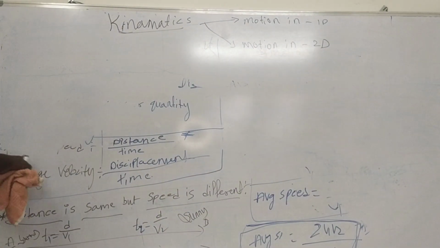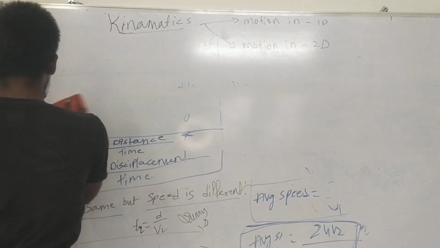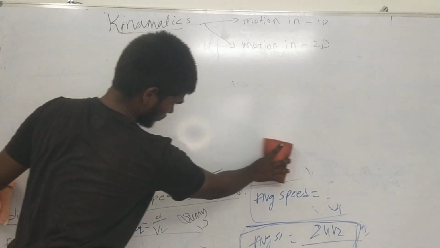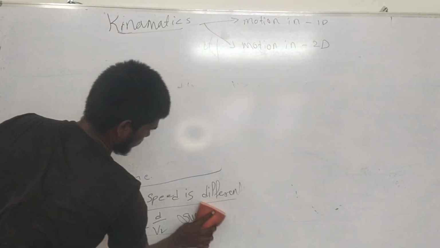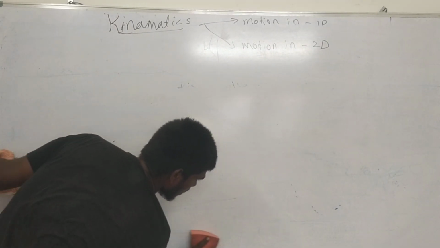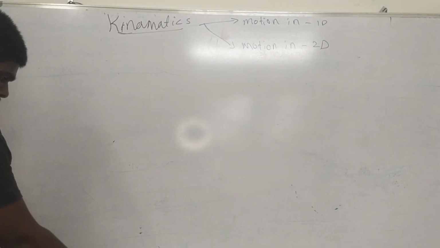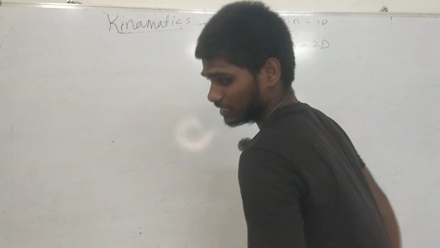We derived the formula for the average speed, right? Next we are going to derive the average velocity. What is the general formula of average velocity? First tell me that.